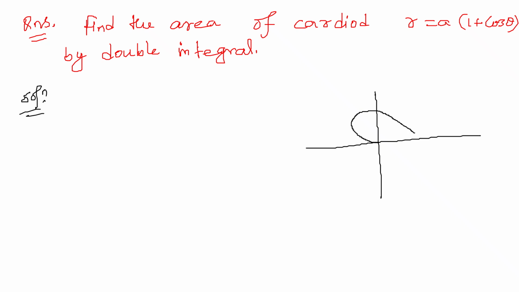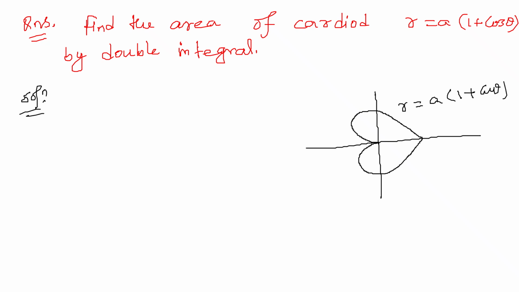So how will you get it? This is also very easy to draw. This is the graph of the cardioid r is equal to a into 1 plus cos theta, where a is a constant.